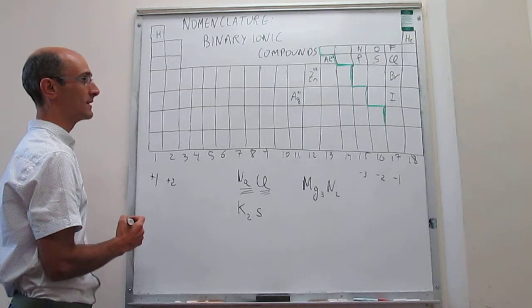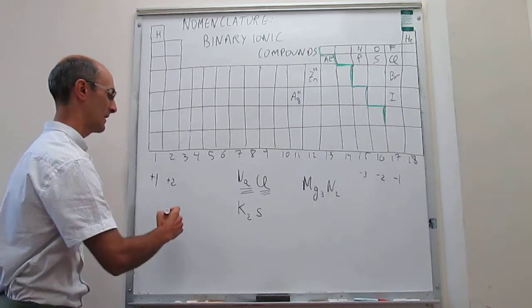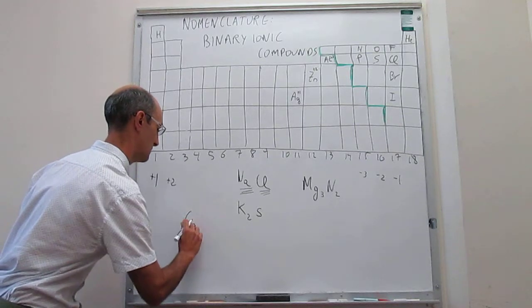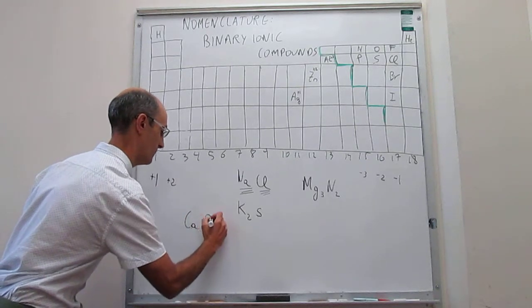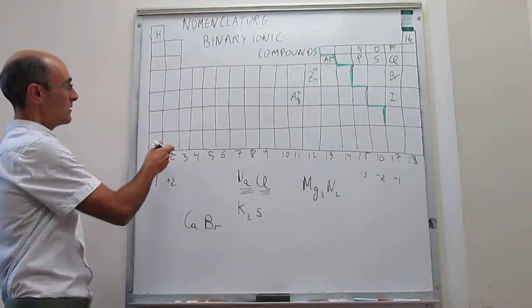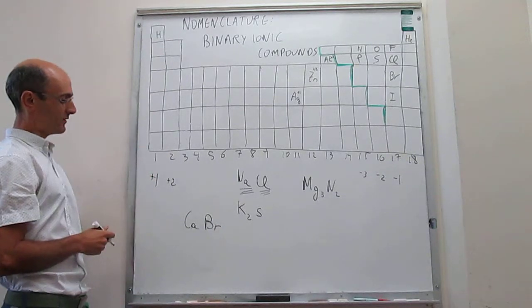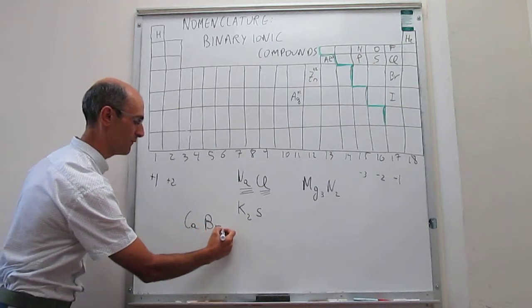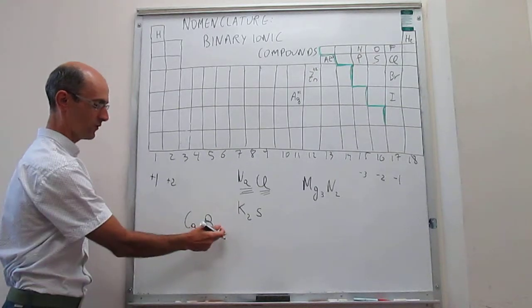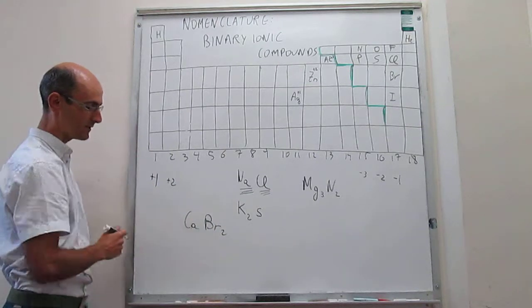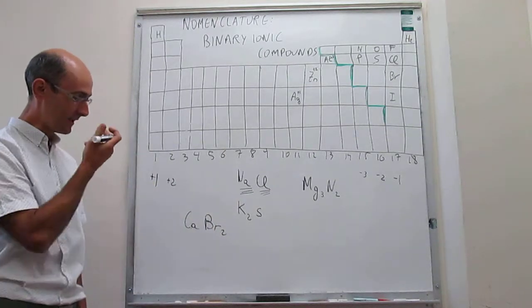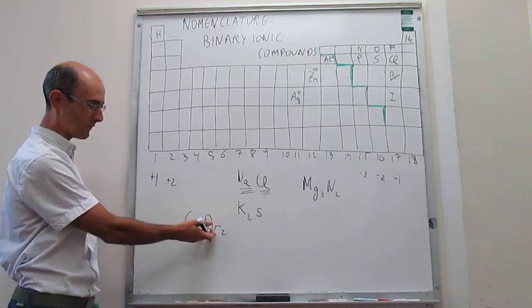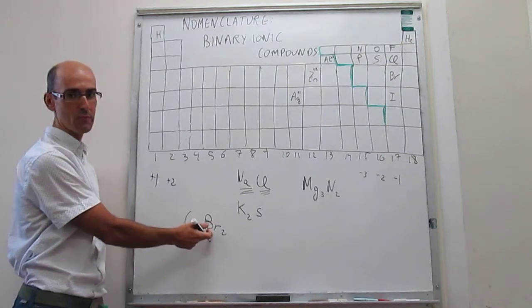For example, we can take calcium and bromine. Calcium is an alkaline earth metal, and bromine is a halogen, so the formula must be like this. 2 times -1 is -2, and calcium is +2, so that is electrically neutral. The name of this compound will be calcium bromide.